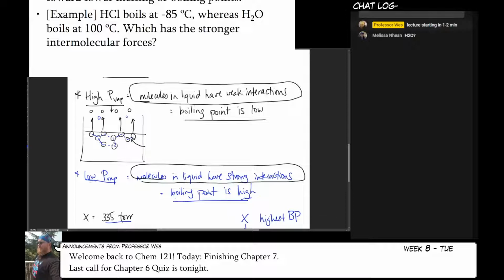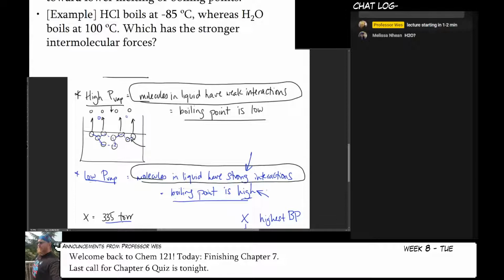And what we can say is that if the molecules stick to each other well, i.e. they have strong interactions, then they can't escape to the vapor phase. And thus the boiling point would be higher. So, whichever one has the higher boiling point must have the stronger interactions.